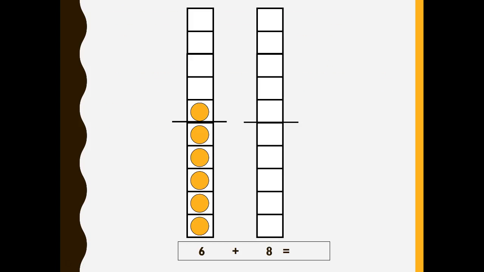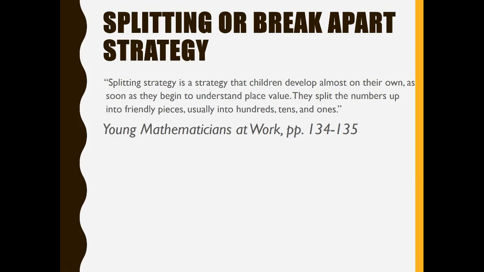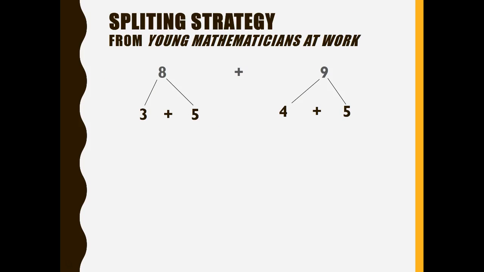Also, making 10 is a strategy that they're familiar with, usually using 10 frames. But the splitting or break apart strategy will be something that you will be teaching them in second grade that they may not have been exposed to before.